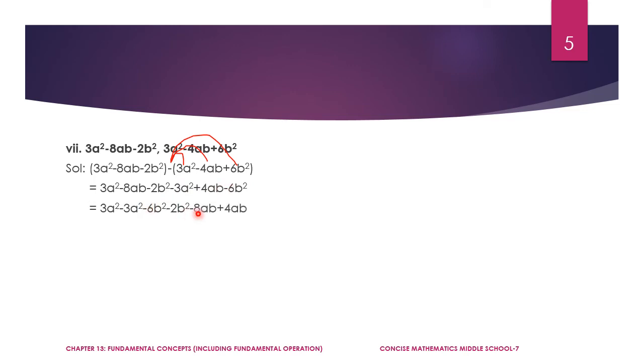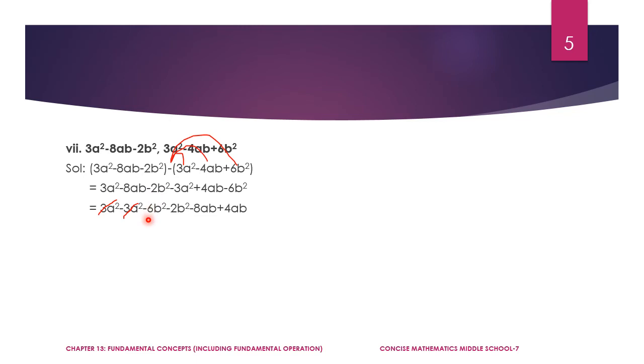Next, I have arranged all the like terms together. See, a square is a like term. So I have arranged both together so that it will be very easy to perform the fundamental operations. Now, one is having a plus sign, another is having a minus sign, and both are the same. So you can just cancel it out.